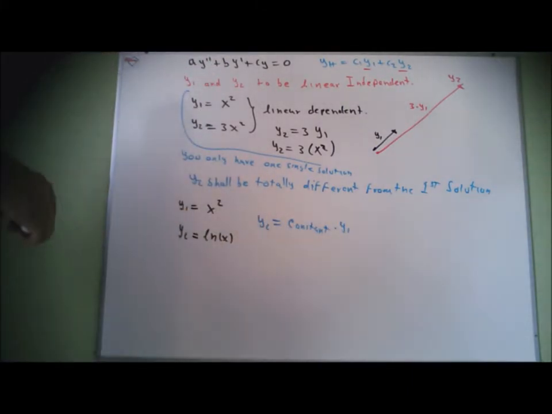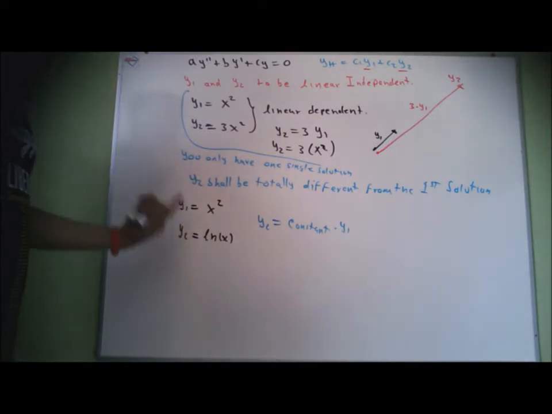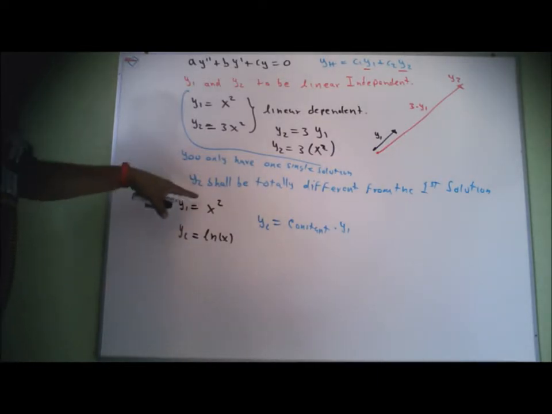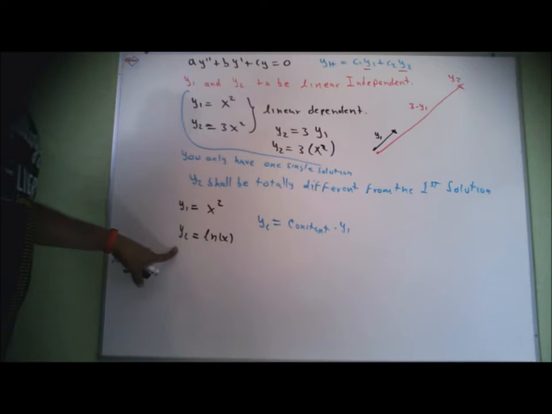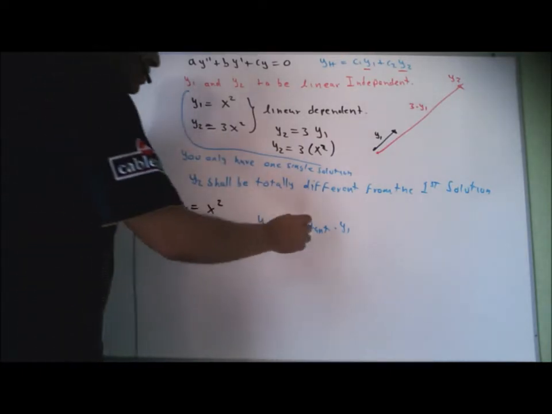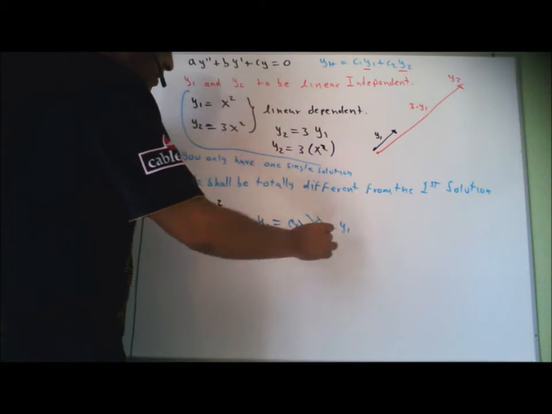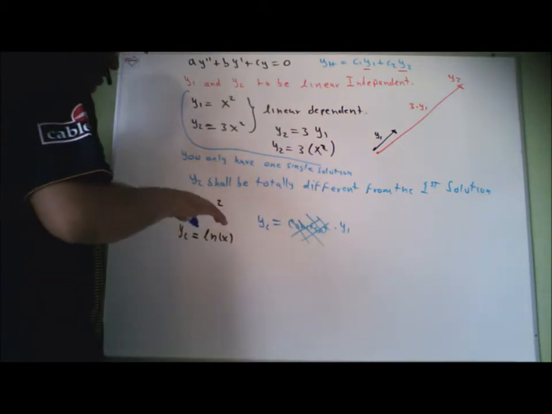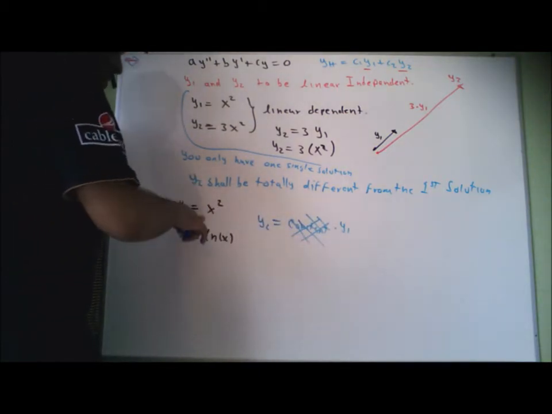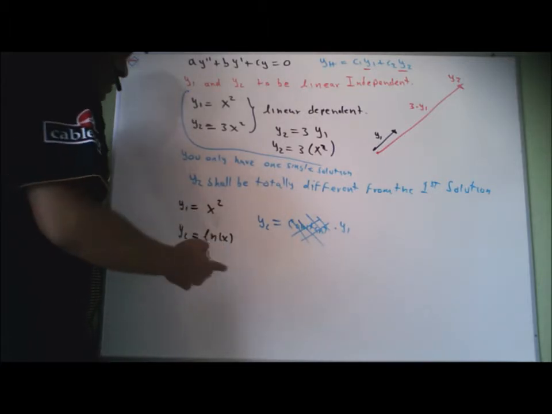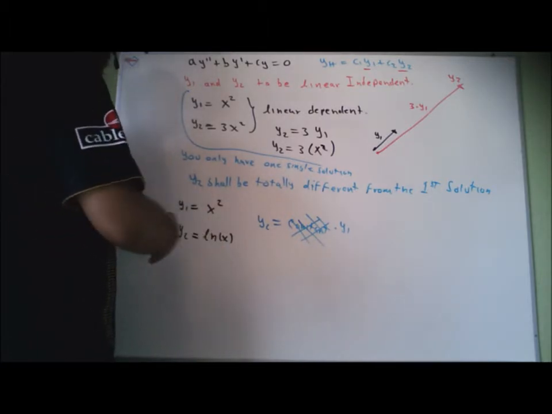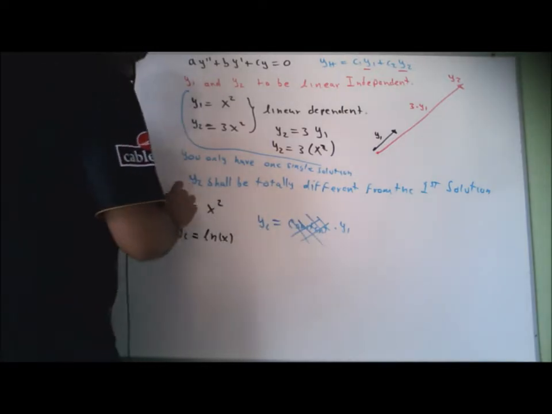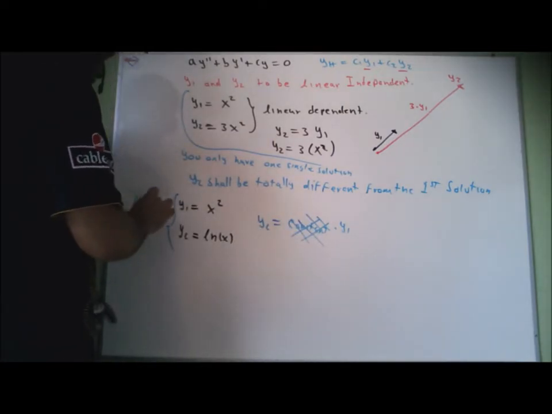There is no constant like 5, pi, minus 3, whatever, that I multiply by my first solution to get the second solution. There is no way I can multiply a number times x squared and magically get the natural log of x. So these are linearly independent.